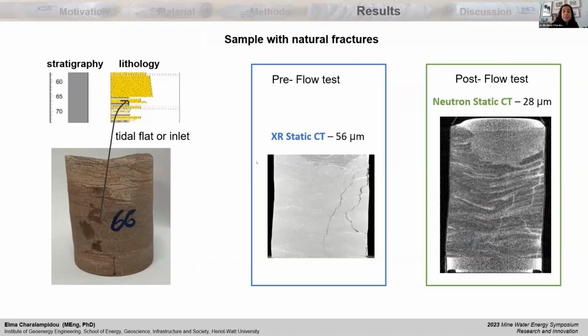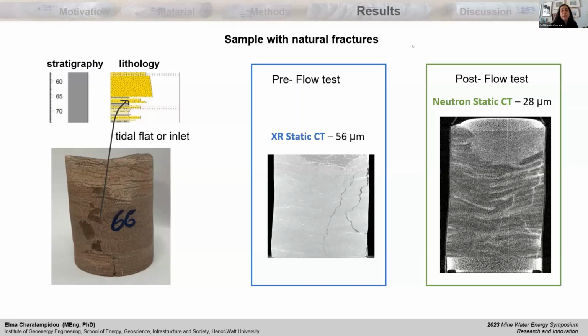Sample 66 is a sample with natural fractures, as we can see from an X-ray static computer tomography. The fractures are inclined, some of them are vertical as well, and they sometimes have a very complex trajectory. The top part of the sample consists of lower density material, and the rest of the sample is relatively high density.